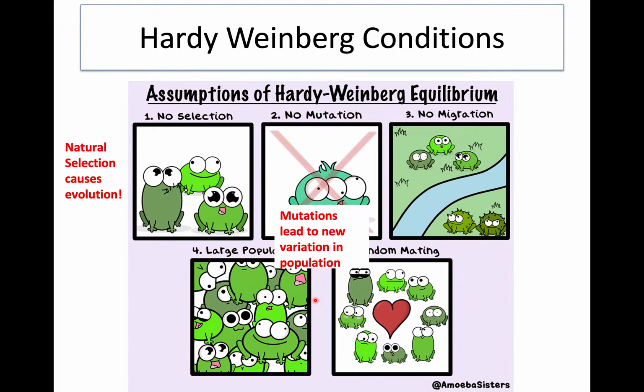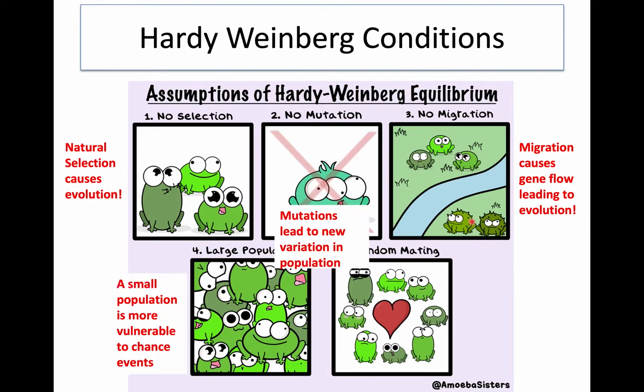Mutations are the basic building block requirement that leads to new variations and new characteristics. Migration causes what's called gene flow, which means alleles from one population can travel to another population and disrupt that population's gene pool.